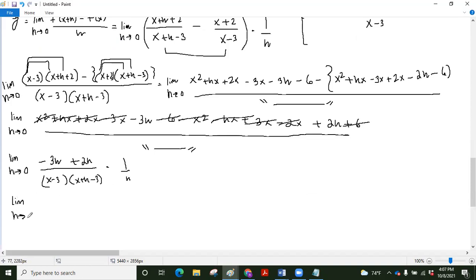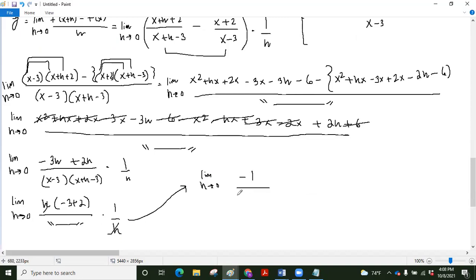This is the limit as h approaches 0 of, we're going to factor out an h, negative 3 plus 2 over everything that we have in the denominator. These h's cancel out. We're left with negative 1 over x minus 3, x plus h minus 3. So we could safely insert a 0 now.